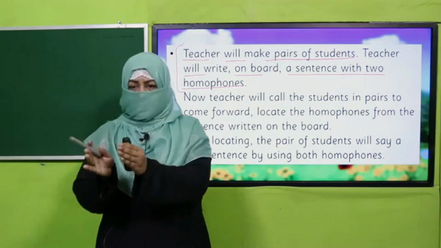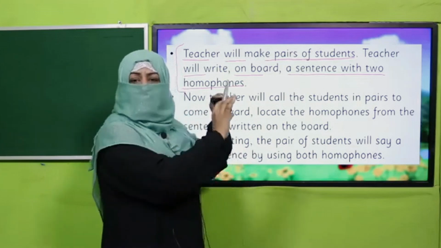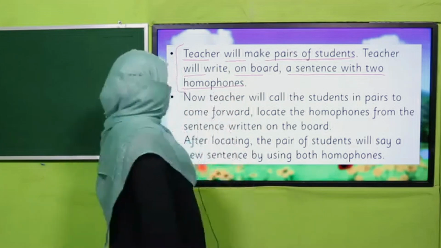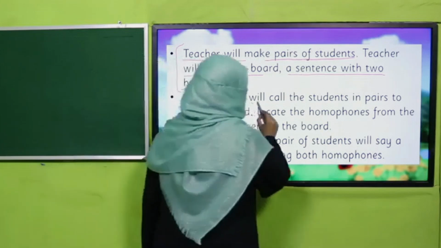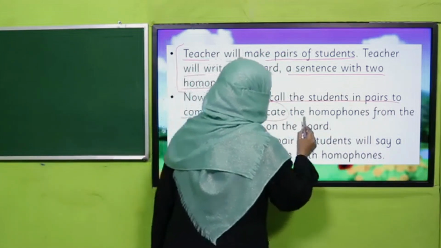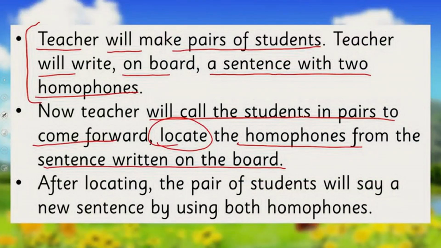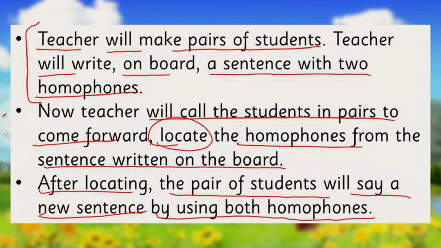So first you will divide your class into pairs and you will write a sentence on the board having homophones. Now what will you do? You will call the students in pairs. They will come and locate the homophones from the sentence written on the board. And after locating them, the pair of students will say a new sentence by using both homophones.